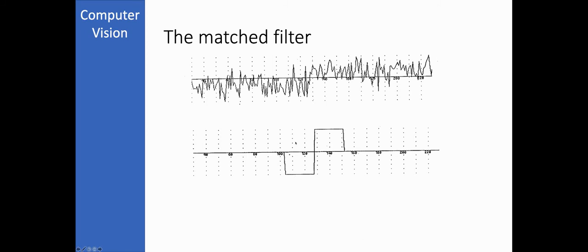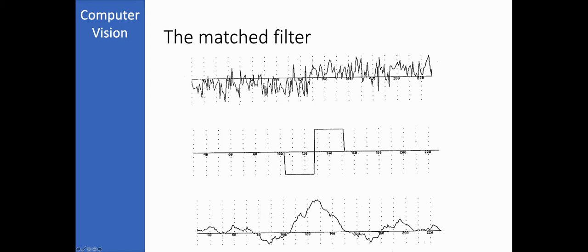And we basically set it to 0 to make it a compact finite filter. If I apply this filter on this image, I will get something like this. Notice that despite the noise, the highest area here really corresponds to the edge location. So indeed, the matched filter is quite successful in identifying the edge point, even in this super noisy signal.